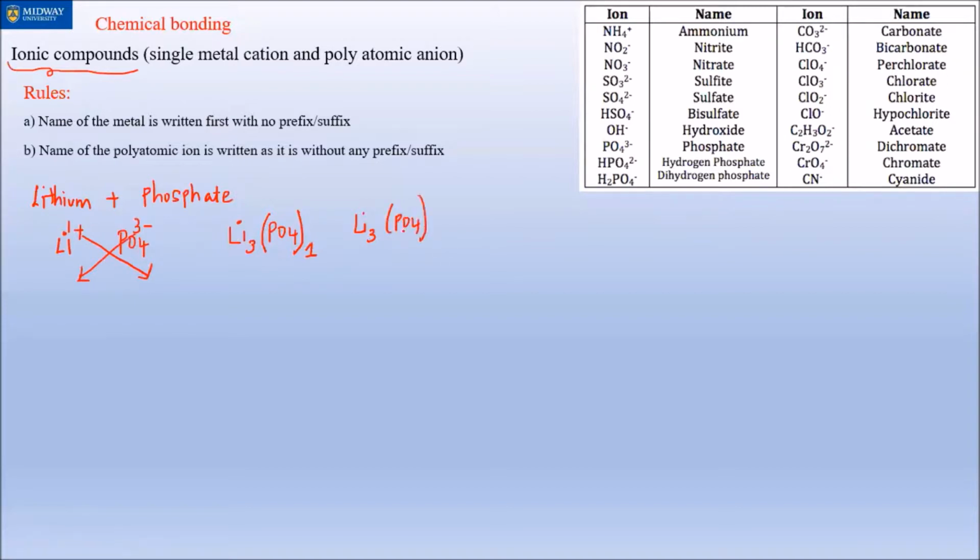So that's lithium phosphate. As I said, the name of the metal and the name of the polyatomic ion is written as it is, without any prefix or suffix. The suffix is already included in it. Okay, let's do some other one. I always prefer to put my polyatomic ion within the bracket, so when you cross swap, we'll see what I'm trying to say here.